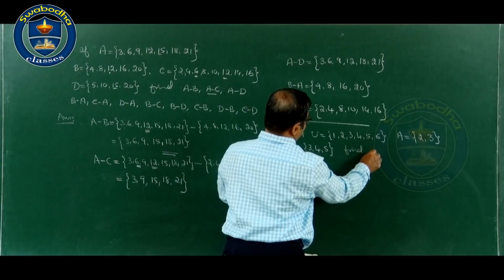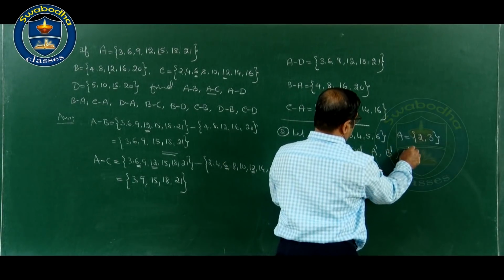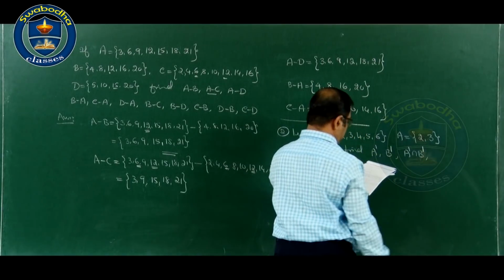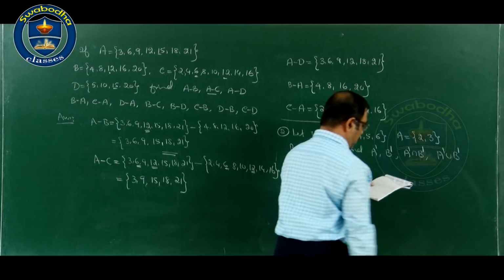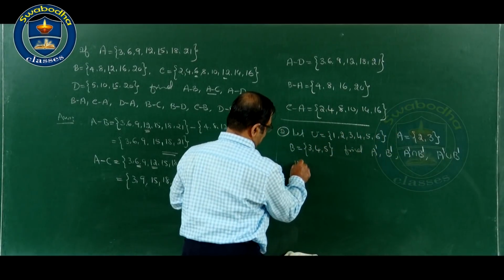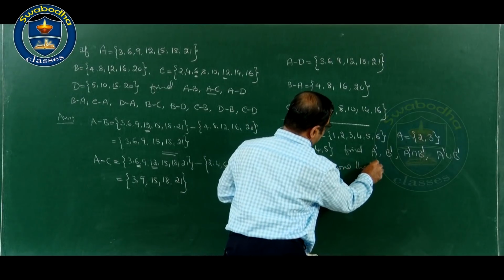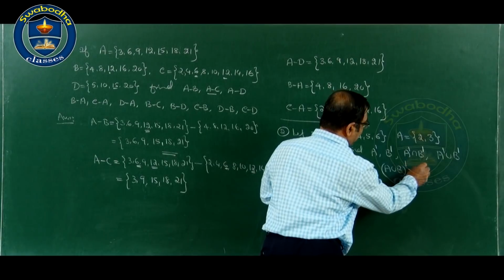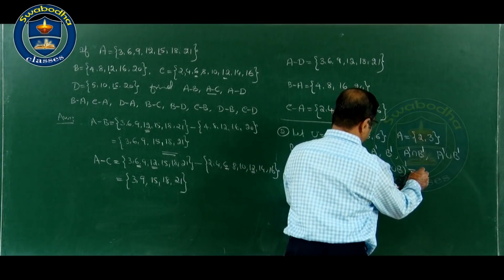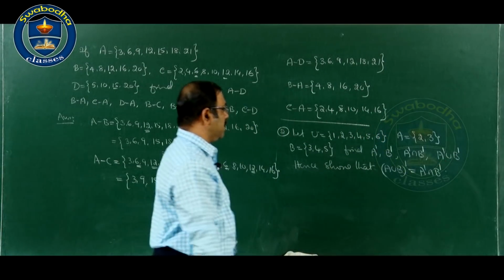Find A complement, B complement, A complement intersection B complement, A complement union B complement. Hence, show that A union B complement is equal to A complement intersection B complement.